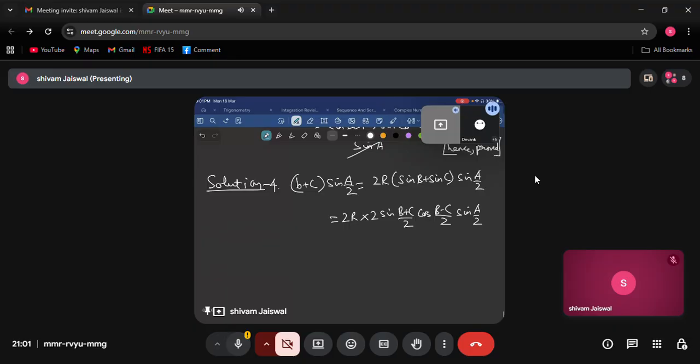So what is 2 sine (b plus c) by 2? B plus c is pi minus a, so pi by 2 minus a by 2. Okay, so this will become cos. Let us keep it 2r only. 2r into 2 cos of a by 2 into sine of a by 2 into cos of (b minus c) by 2.